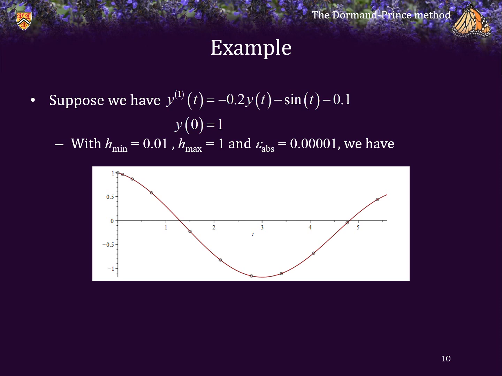You will note that the initial step size is 0.1, and we only allowed ourselves the luxury of at most doubling the step size. So you'll actually notice the first approximation is at 0.1, the next is at 0.3, which is 0.1 plus 0.2. The next approximation is at 0.7, which is the previous approximation plus 0.4.